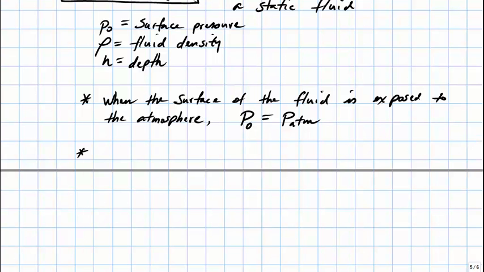Also, under these conditions, the gauge pressure will equal rho g H. Remember, gauge pressure is a measurement of the excess pressure above atmospheric pressure.